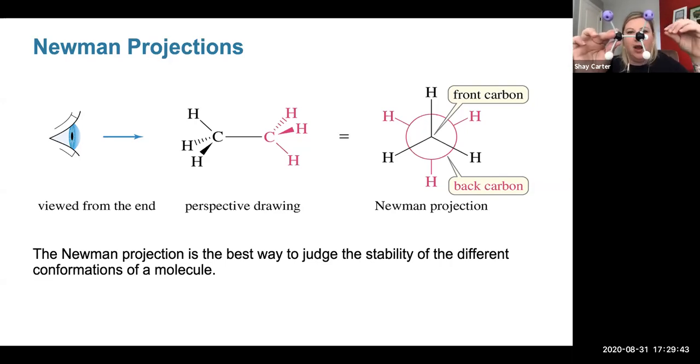If we take our eye and look from one side down this central bond, then we can come up with our Newman projection where we have our front carbon directly in front of our back carbon. So our eye is looking straight down this bond here. I hope you can see this.